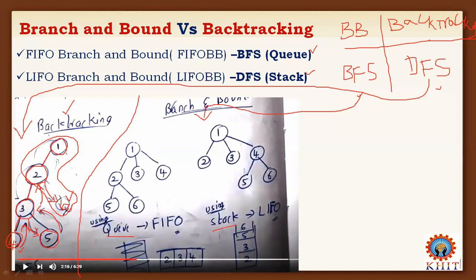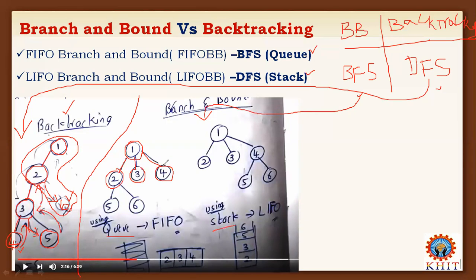When you select a queue, it is first in, first out. Here, in backtracking, we keep on adding the nodes at the left side first. In breadth first search, initially the node is 1, then you add node 2, then the middle node, node 3, and the last node, node 4.